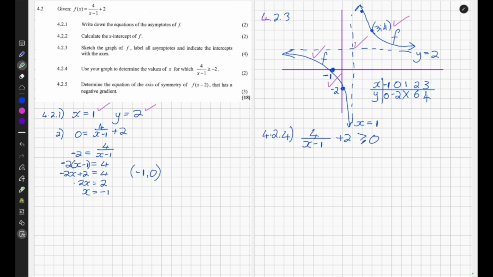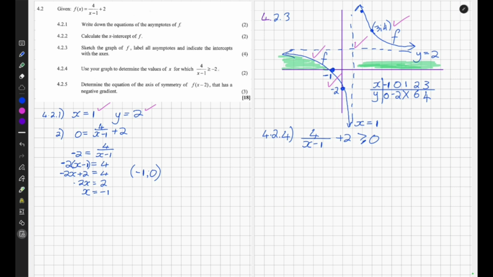I'm just going to take my highlighter to show you guys. If I go from left to right, I am looking for x-intercepts or asymptotes. I know this piece has the hyperbola above the line until minus 1. And then the entire right-hand side past this asymptote is also above the line.